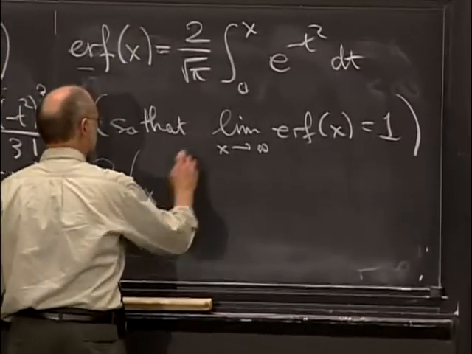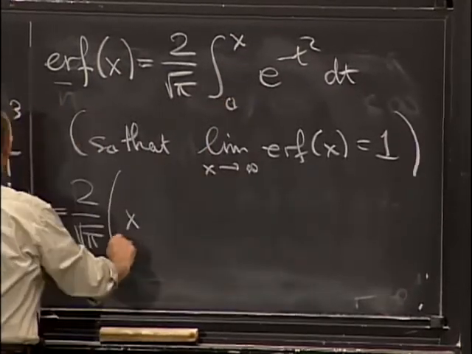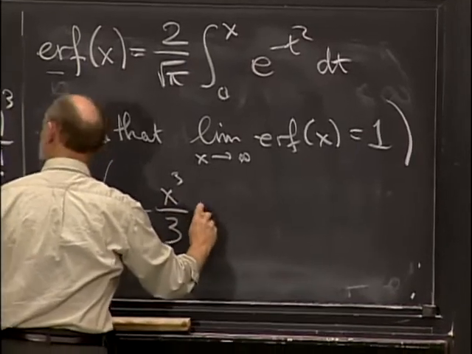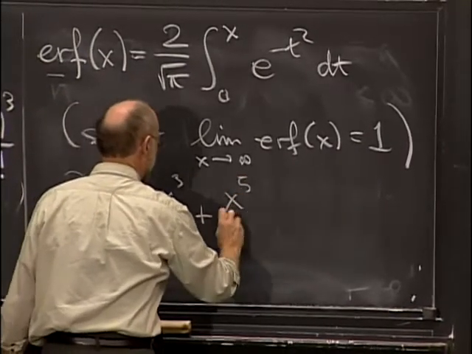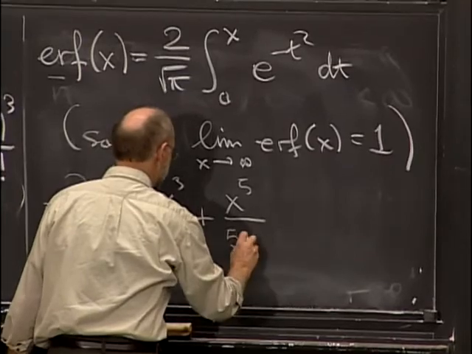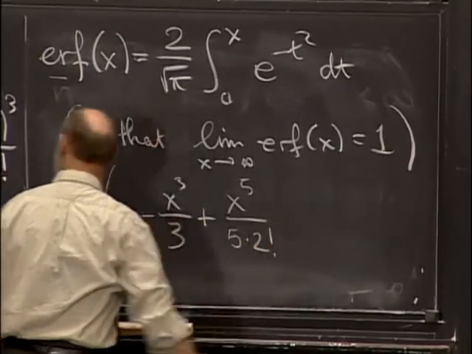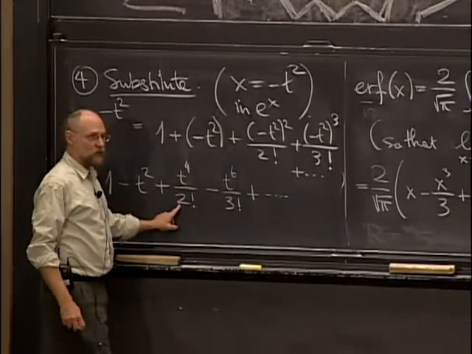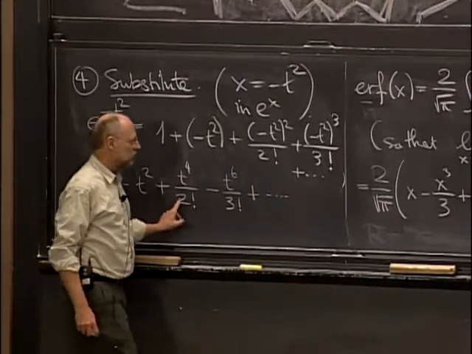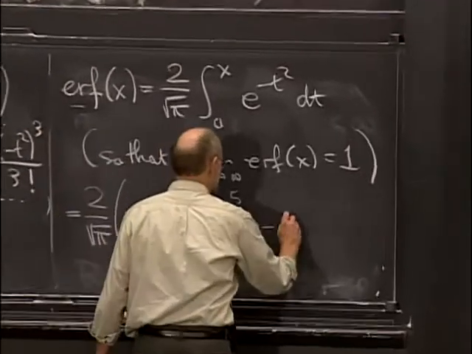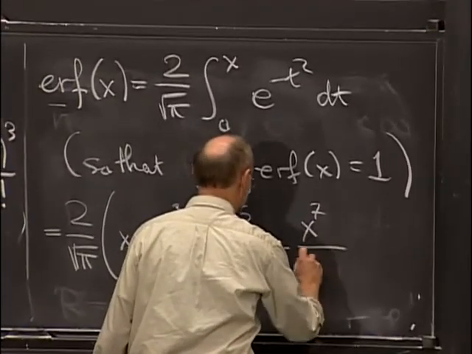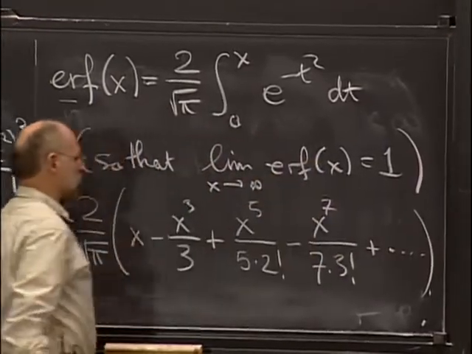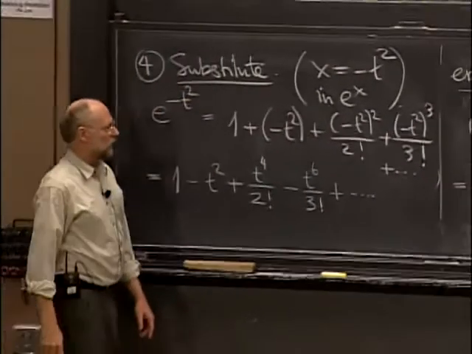So I get, and then I'm evaluating at x and at 0, x minus x cubed over 3 plus x to the fifth over 5 times 2 factorial. 5 from integrating the t to the fourth, and the 2 factorial from this denominator that we already had. And then there's a minus x to the seventh over 7 times 3 factorial, and plus, and so on, and you can imagine how they go on from there.